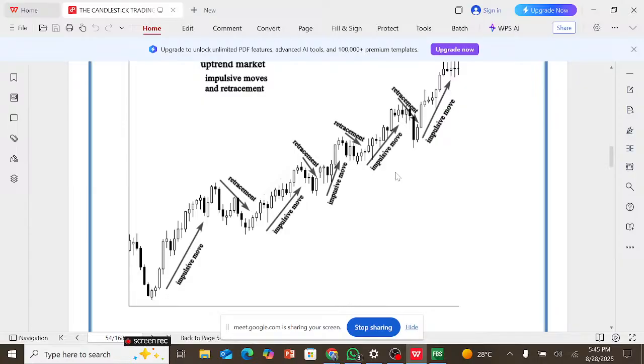So in this situation of an uptrend, we can't decide to take a selling order. We will always look for the buying order, because the momentum of a currency or a coin is showing that the price is going to continue to go up.